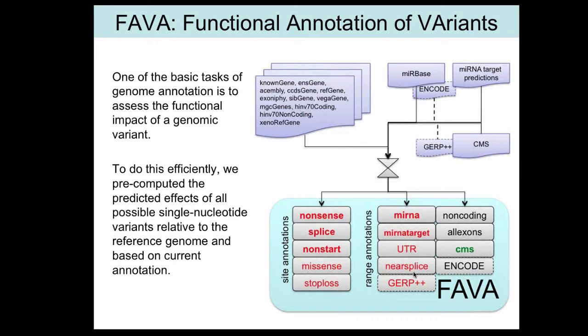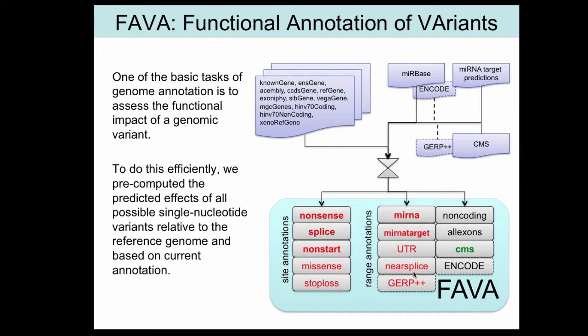And the approach we took here is one that we think is quite convenient for making the analysis efficient, which is to pre-compute for the entire genome every single position that you might change, whether it will have any kind of effect on a gene, on a protein, or any other kind of functional annotation that we can envision.